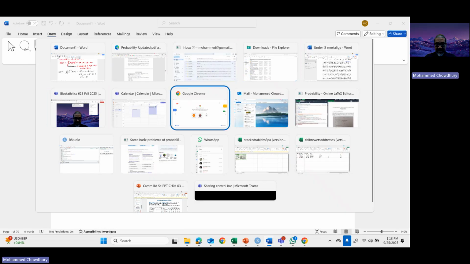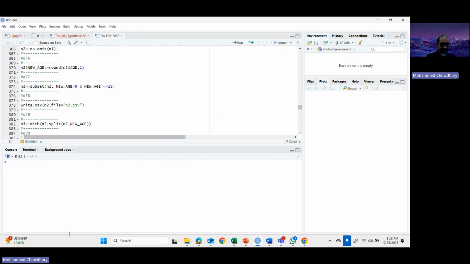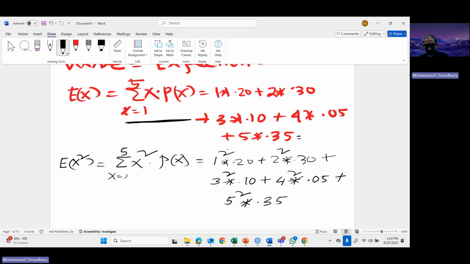Here is my R. So I have 1 times 0.20 plus 2 times 0.30 plus 3 times 0.10 plus 4 times 0.05 plus 5 times 0.35. My average or expected value is 3.05.